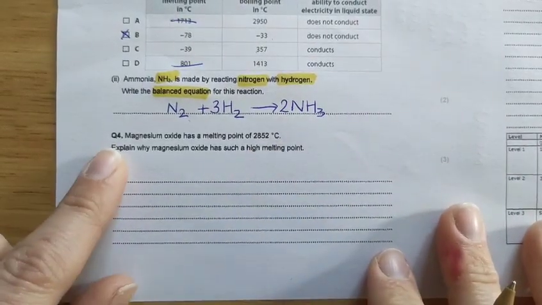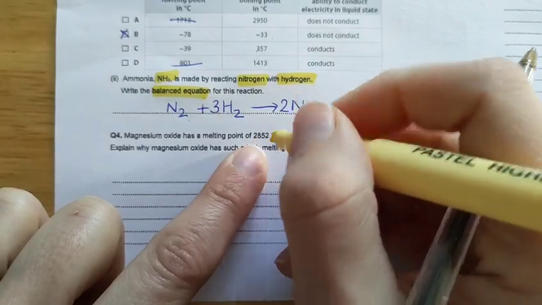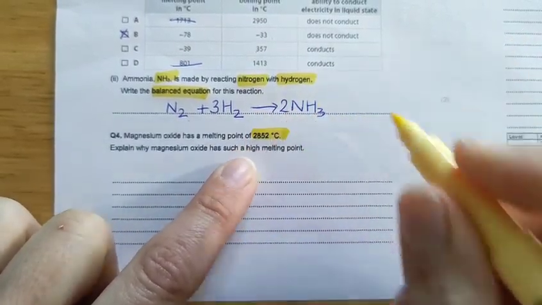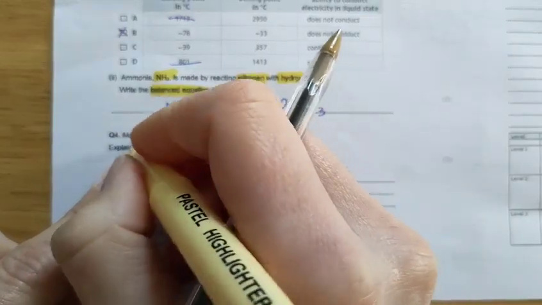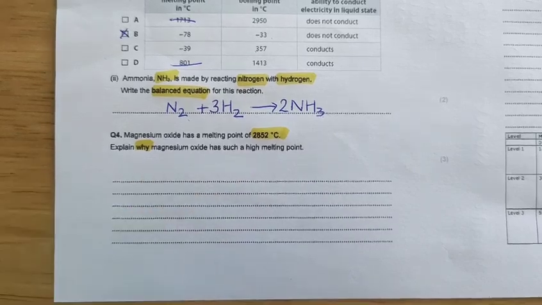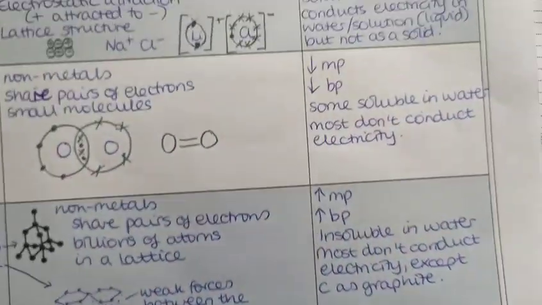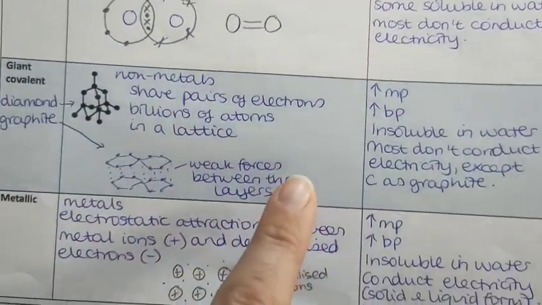Okay. Magnesium oxide has a melting point of 2,852 degrees C. That's really high. Explain why magnesium oxide has such a high melting point. So I'm going to look at the things with high melting point. Ionic has a high melting point.